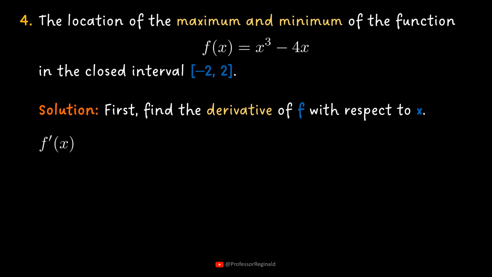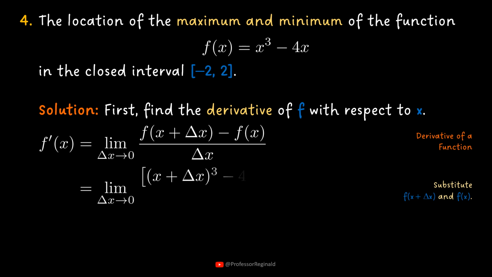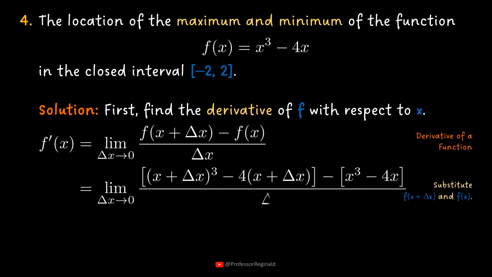Use the limit definition of the derivative of a function. Substitute f of x plus delta x and f of x. Expand the cube of a binomial and combine like terms.